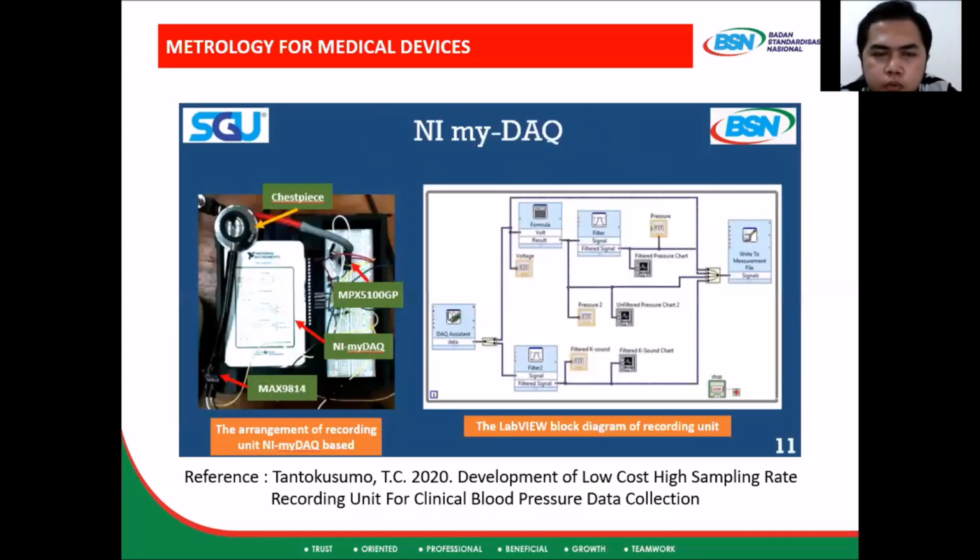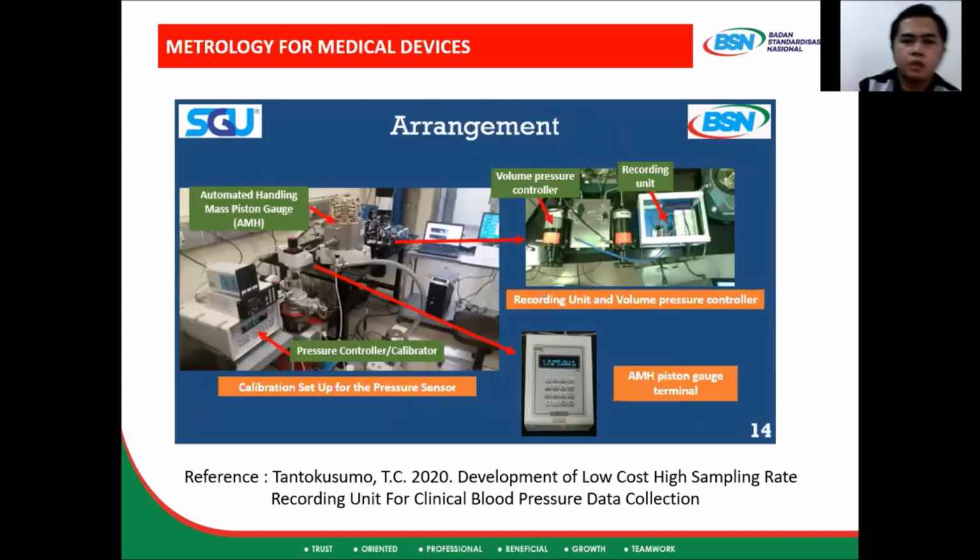Then we move to the second configuration by using the NI DAQ with this setup, with this arrangement, and the block diagram of the LabVIEW.